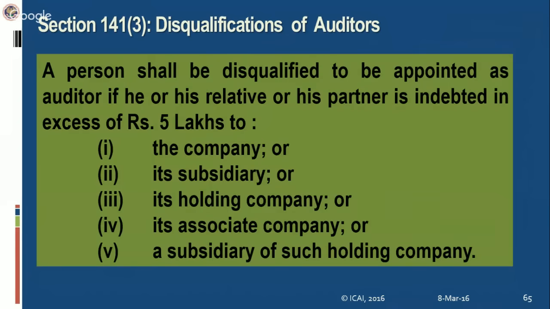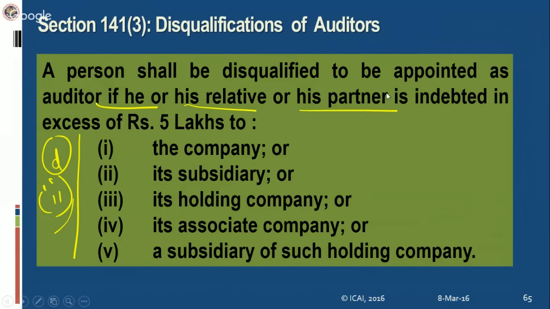A person shall be disqualified to be appointed as auditor if he or his relative or his partner is indebted in excess of 5 lakh to, now 5 possibilities, the company, subsidiary, holding, associate, subsidiary of such holding company. This is 141, 3D2.